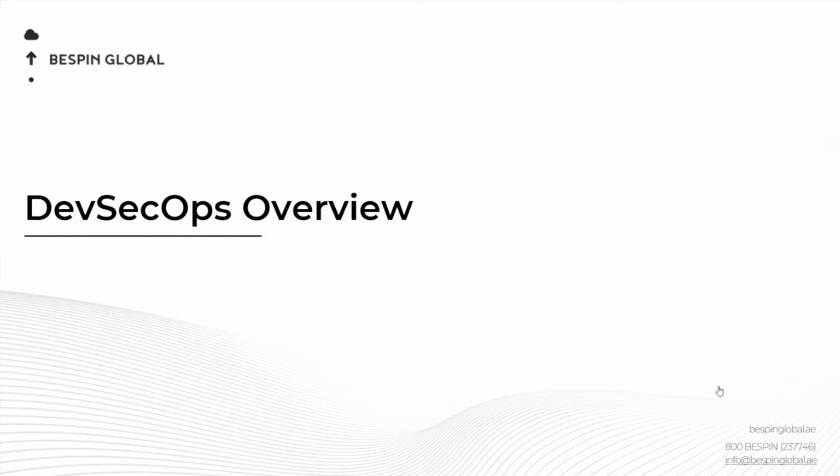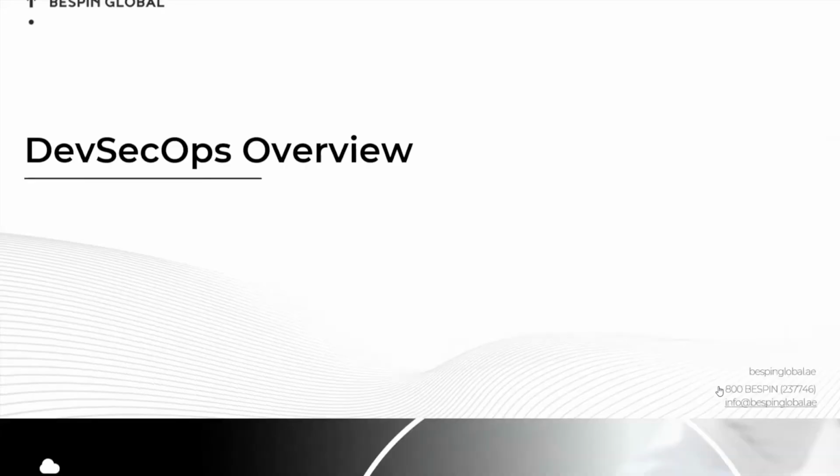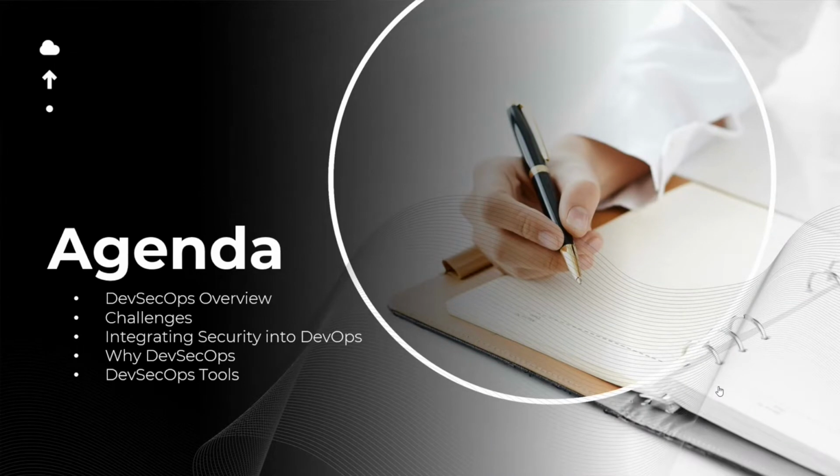So, DevSecOps overview. Let's look at what we have in the agenda for today. We'll start with learning about what is DevSecOps, how it works, where DevSecOps can help you, what challenges we face, and why you need security as part of your DevOps flow, as part of your DevOps environment.